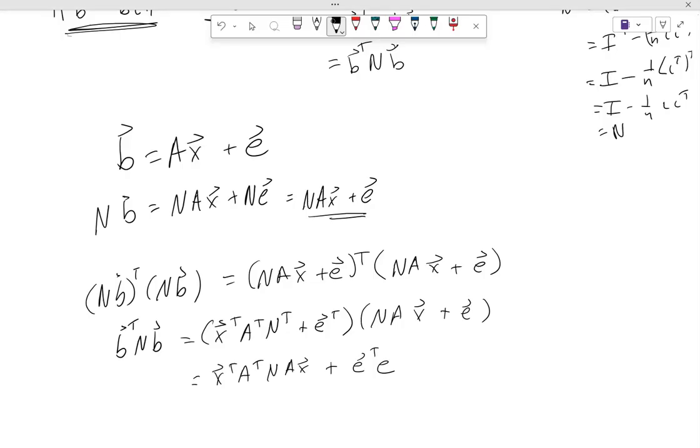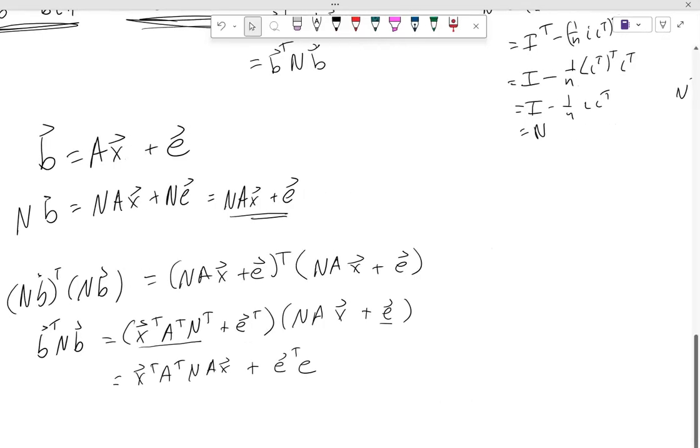All right, so let's go this vector times that vector. So we have X transpose A transpose, pardon me, and then N transpose times E. So just doing the outer terms multiplied by each other.